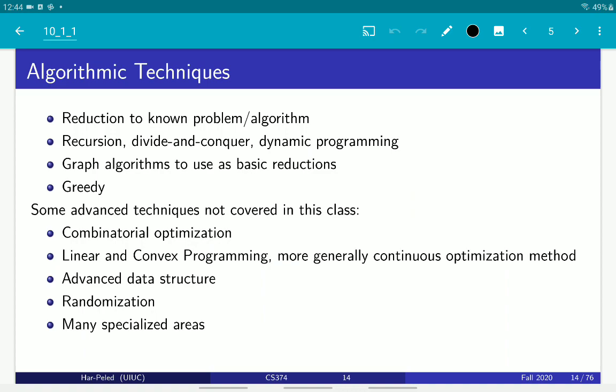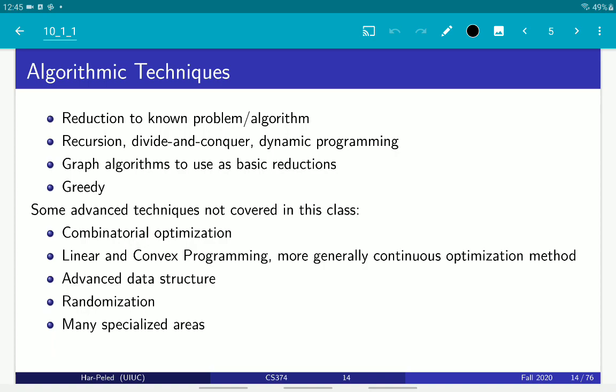We're going to talk about various algorithmic techniques like divide and conquer, recursion, of course, greedy algorithms, and of course there is a huge amount of techniques that are not going to be covered, because by now there is vast literature on algorithms. Nobody even knows all the algorithms out there. So we are going to just touch the topic, literally skim the melting water on top of the melting iceberg because of global warming.